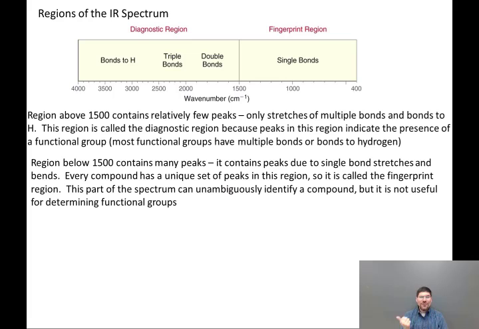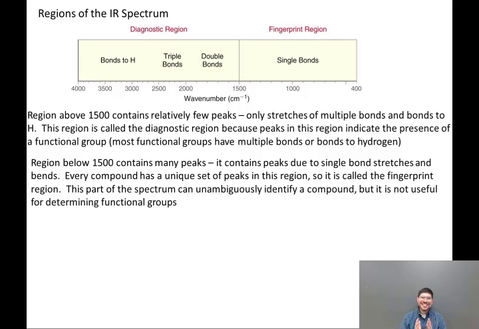The region below 1,500, as we saw, contains many peaks, and this is the region due to single bond stretches as well as all kinds of bends. Now, every compound has a unique set of peaks in this region, but of course every compound has lots of single bonds, lots of carbon-carbon single bonds, or carbon-oxygen if they're present.